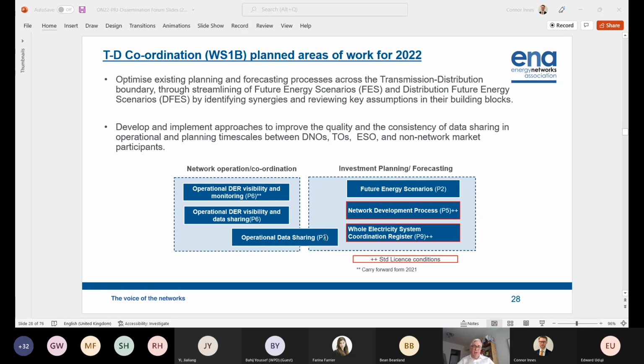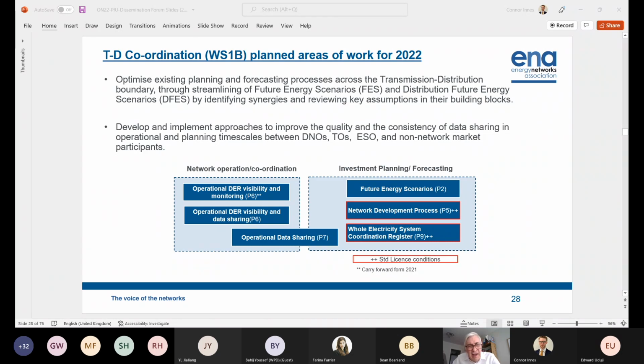We've provided that information to Ofgem. We've had a workshop with Ofgem to go through the detail of the work, and Ofgem now will be considering that work and looking to make a policy statement on that. But we await that.